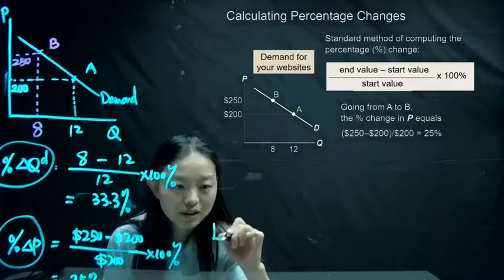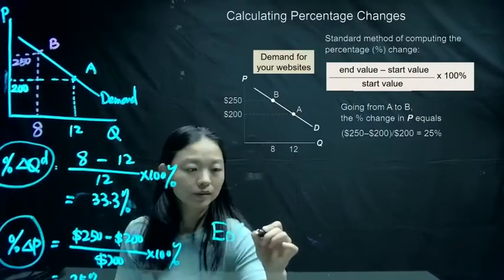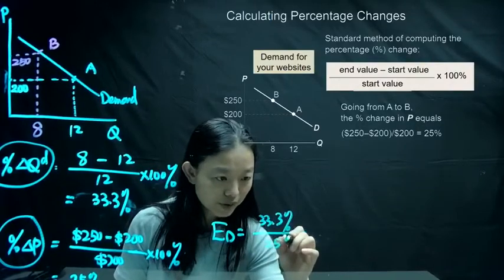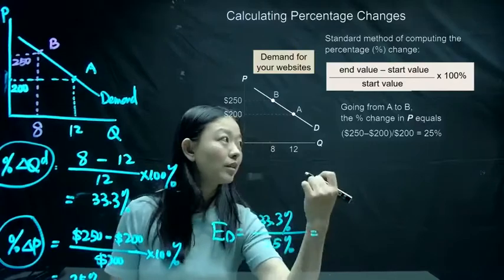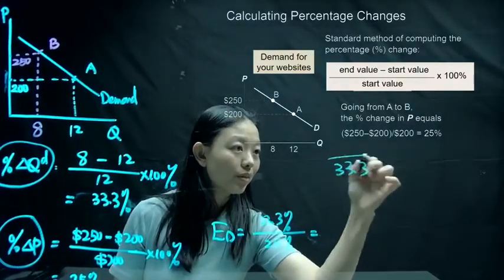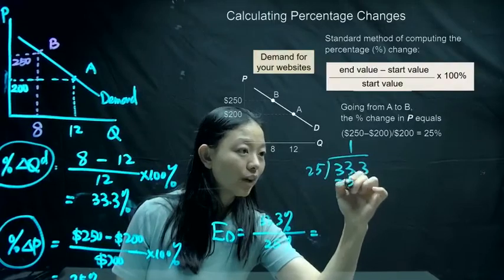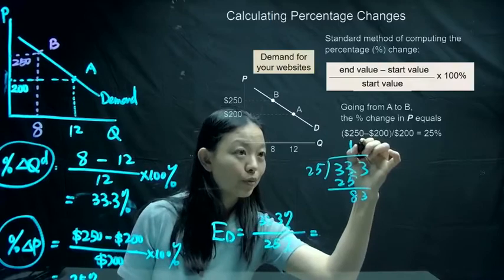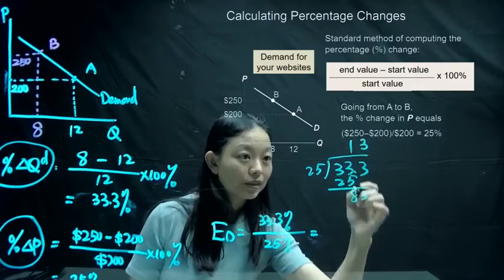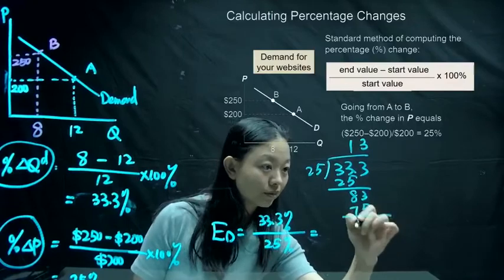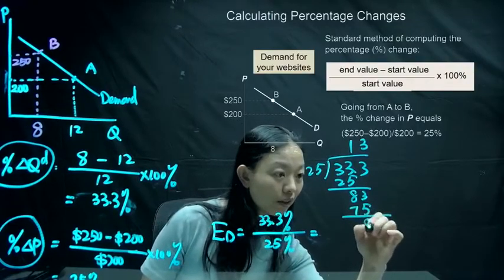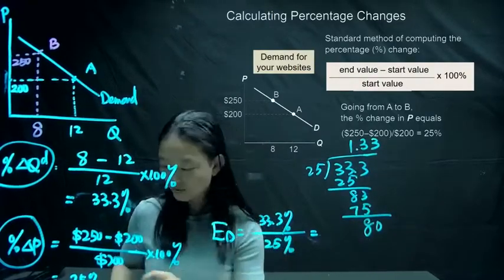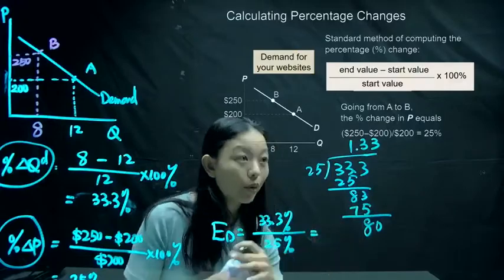Then you can get the elasticity. The elasticity of demand that we write here will be equal to 33.3 divided by 25%. So 33.3 divided by 25, something like that, the price elasticity will equal 1.33.